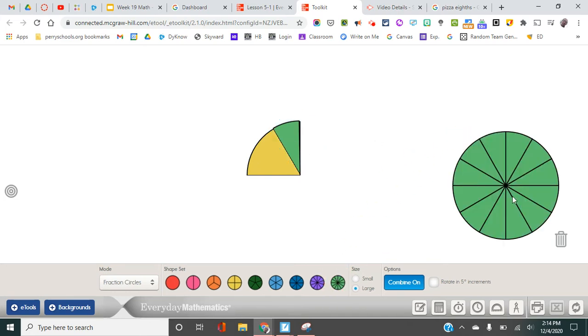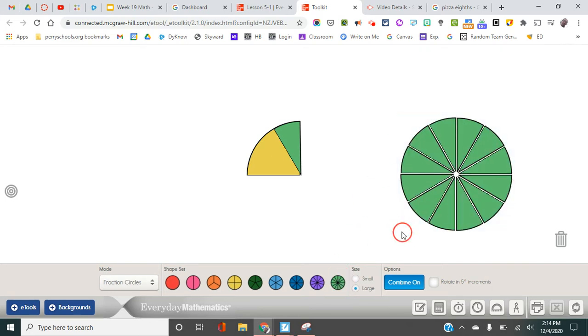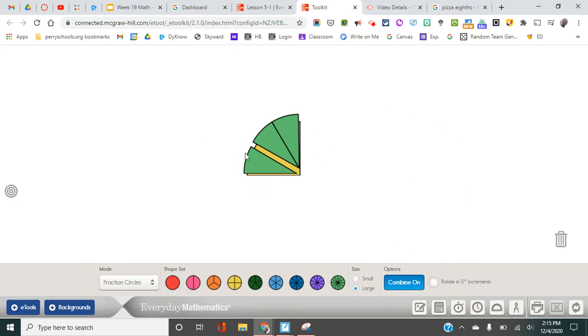If I wanted to write it as an addition problem, right? I have 1/3. Let's get these back out. 1/3. Here comes another third. Plus 1/3 plus 1/3. And I'm not worried about these guys right now. Okay. So I have 1/3 plus 1/3 plus 1/3.